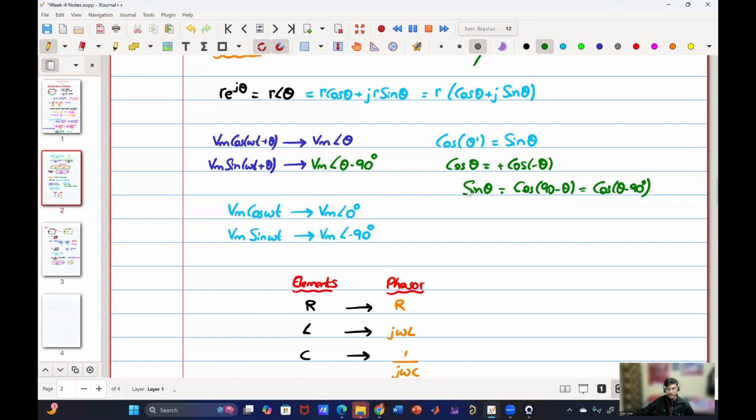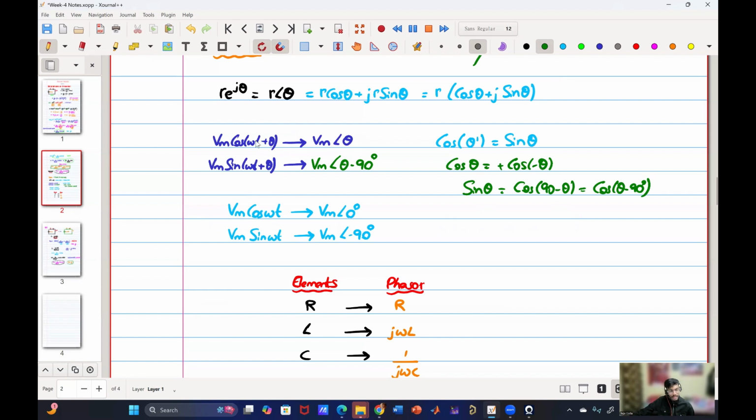Your Vm cos omega t plus theta, how did it become Vm angle theta? Whenever we write in phasor, Vm will be written as Vm, and the angle is what is in addition to omega t. First of all, you have to remember we have Vm cos omega t plus theta. This is the convention that is followed. So Vm will be written as Vm, and we'll write theta directly.